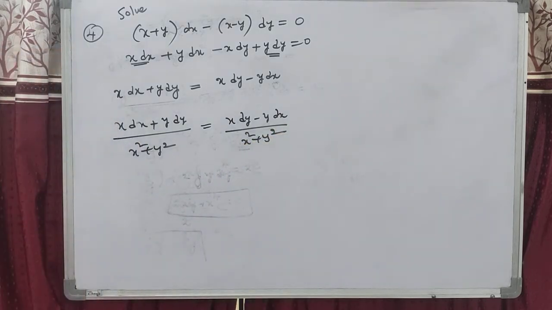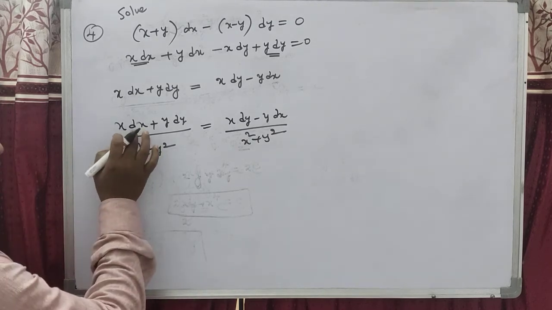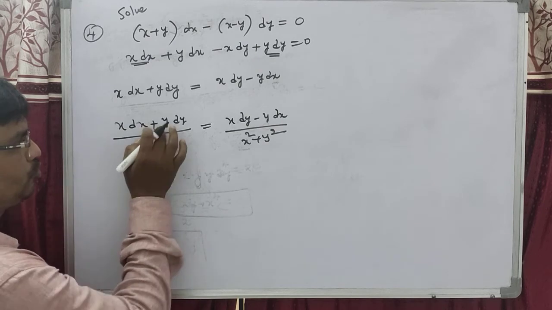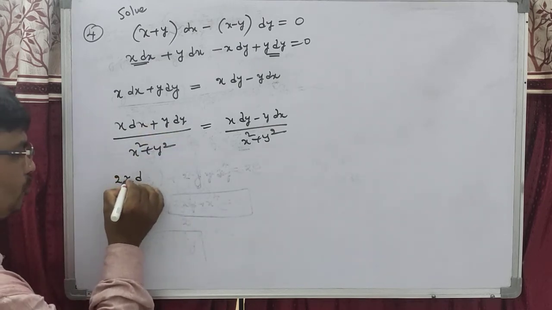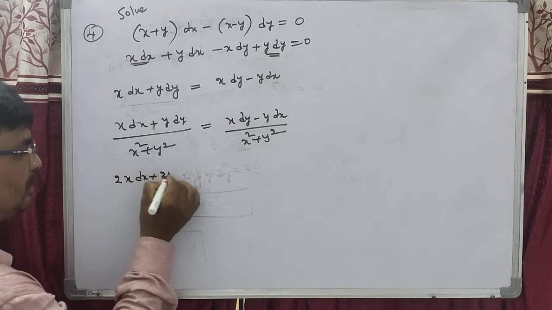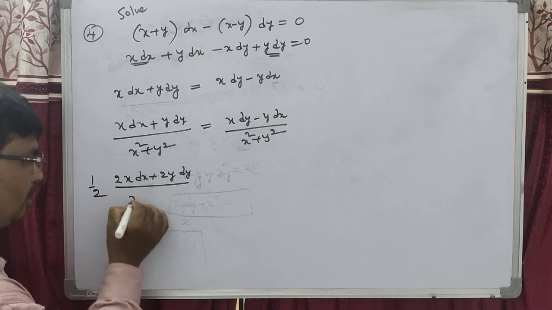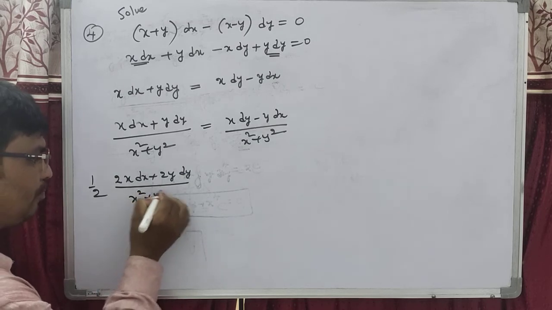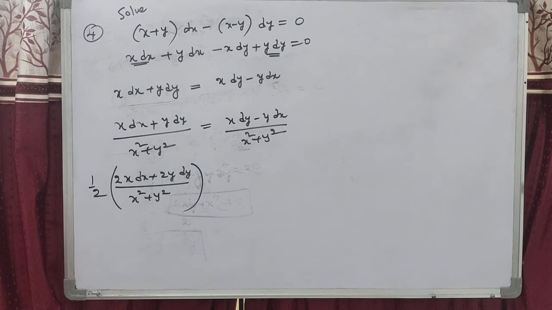The derivative of x square is 2x dx and the derivative of y square is 2y dy. Now multiplying by 1 by 2, this is (2x dx + 2y dy) into 1 by 2 upon x square plus y square.